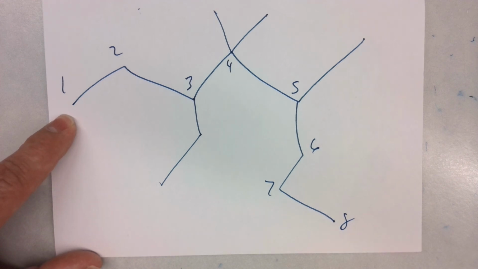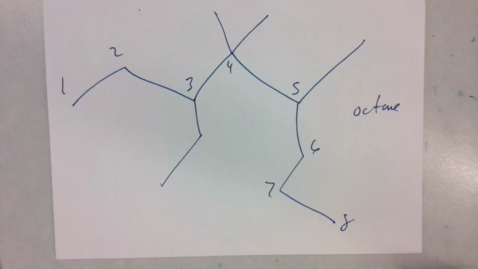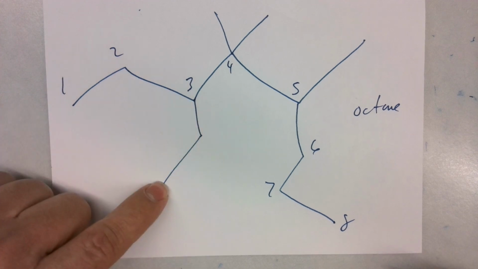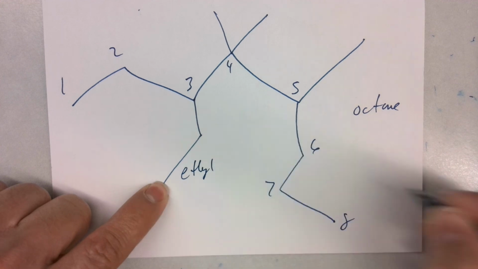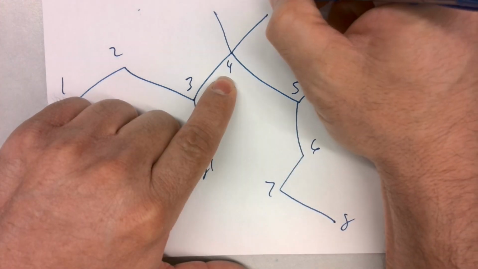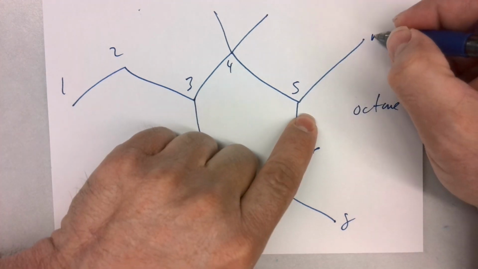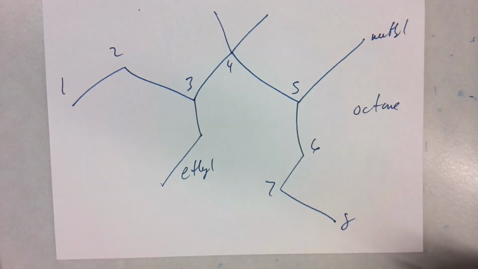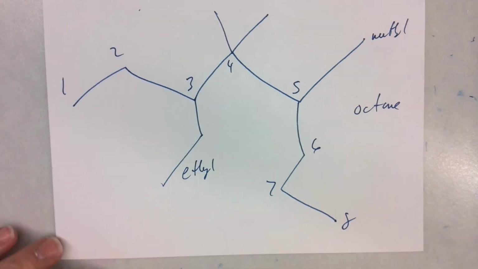Okay, so no matter what, this is going to be octane, right? I got octane going on here. So at my third carbon I have what? I've got an ethyl. At my fourth carbon I have a what? I've got a dimethyl there, but then I've also got another methyl there, so I actually have a trimethyl, right? So because E comes before M, what do you name me?